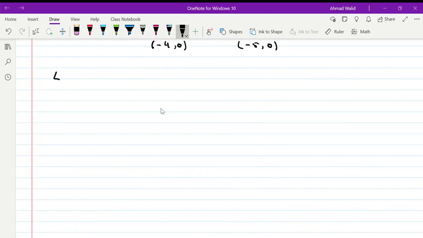Example number 2, and I'll copy this one from your book. Find the zeros of the polynomial function. The function is given as f of x equals x cubed plus 3x squared minus x minus 3.